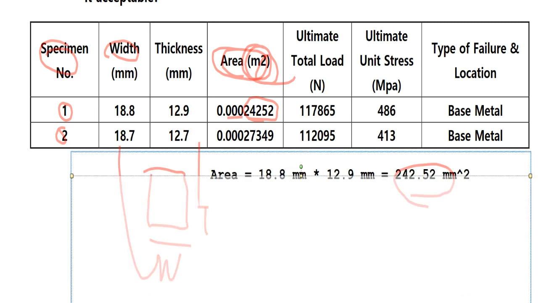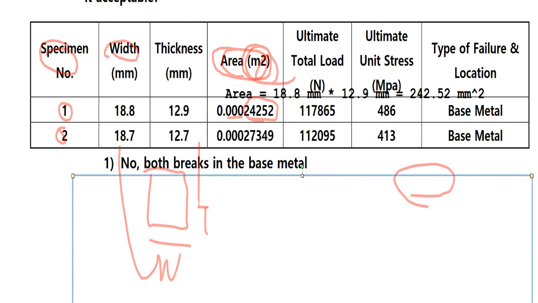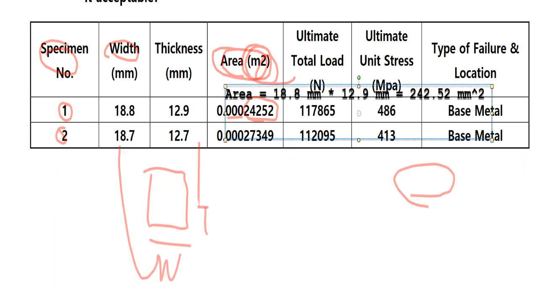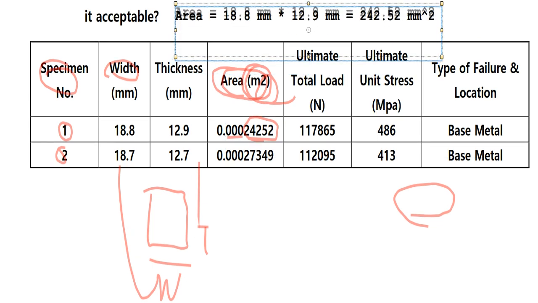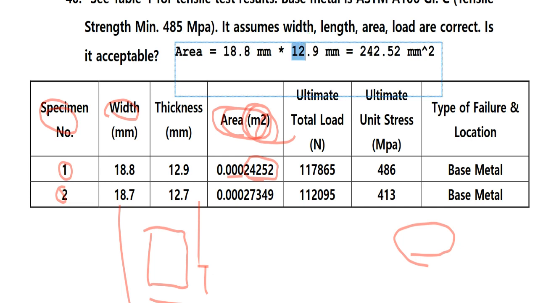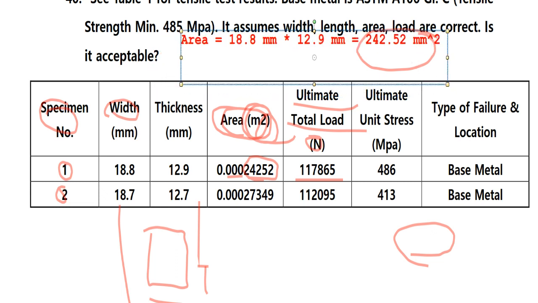I'm losing this one. Change the color to red. And this area, and we have ultimate total load in Newton, and ultimate unit stress in MPa, 486.